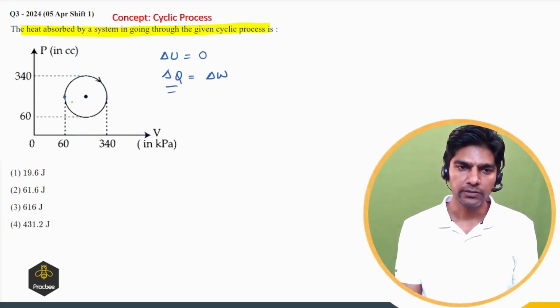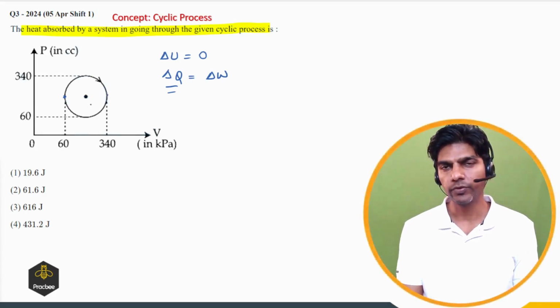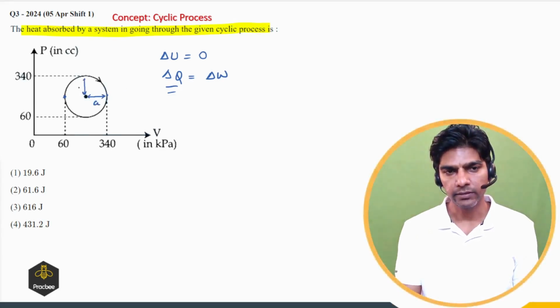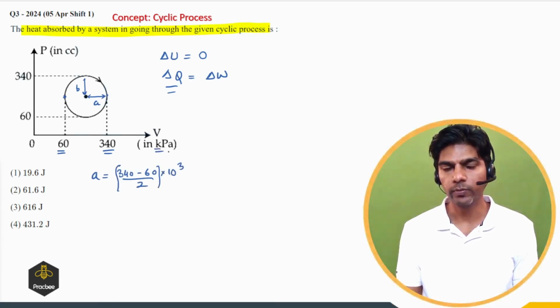Now if you look at this, it looks like a circle, but actually we can say it's kind of an ellipse, and we can say the semi-major axis is that much, and this will be the semi-minor axis. This is A and this is B. So A is nothing but (340 minus 60) by 2 times 10 raised to power 3, because it is given in kilopascal.